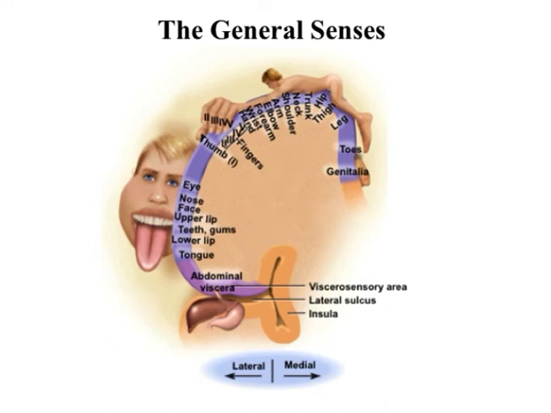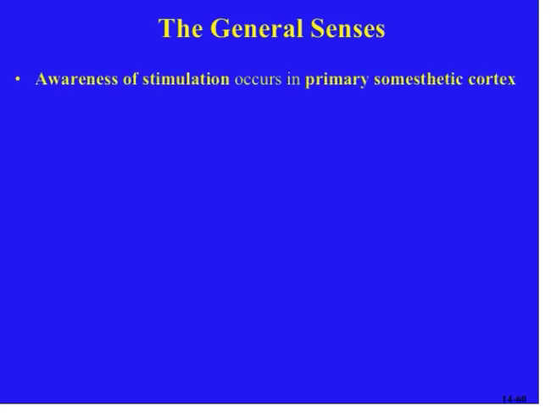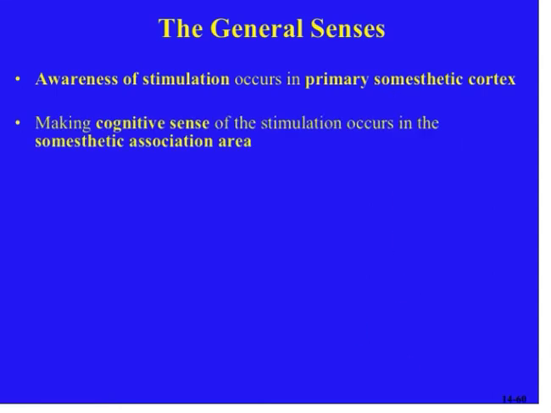So let's talk a little bit more about the general senses. Awareness of stimulation occurs in the primary somesthetic cortex. Making cognitive sense of the stimulation occurs in the somesthetic association area. So this would be the input, okay, right along that ridge, that cortex, that postcentral gyrus.